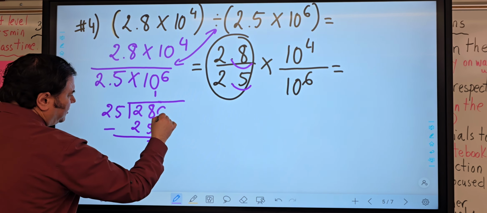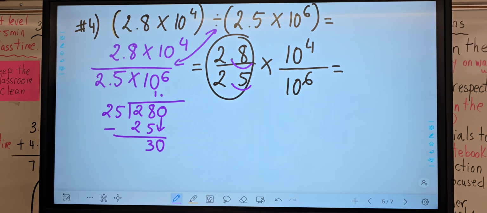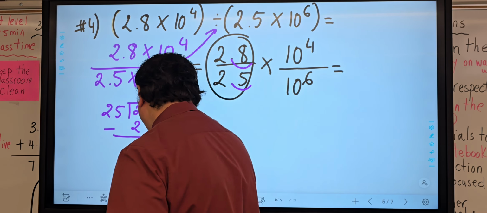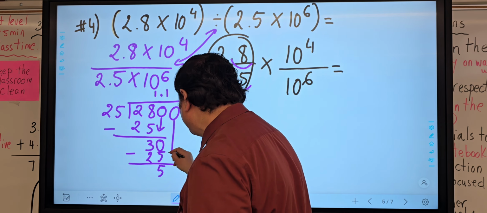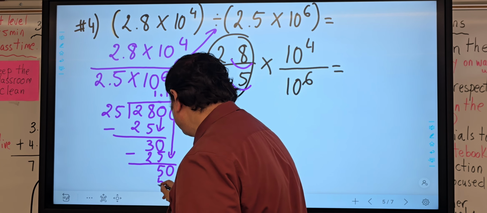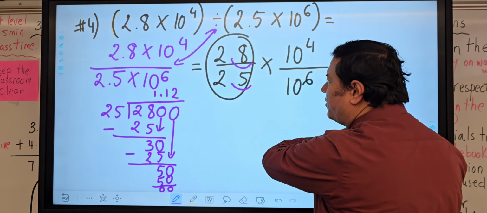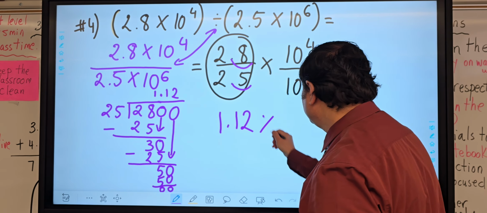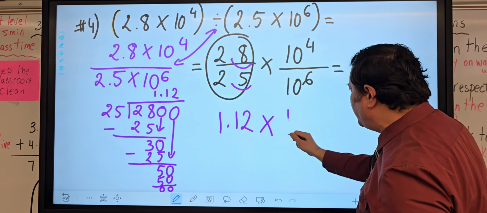Now, add a 0 and a decimal, bring down the 0. 25 into 30 goes one time. 1 times 25, 25. Subtract. 30 minus 25 becomes 5. Remember, add another 0 and bring it down. And 25 into 50 twice. 2 times 25, 50. So we are done. So 2.8 divided by 2.5 becomes 1.12.